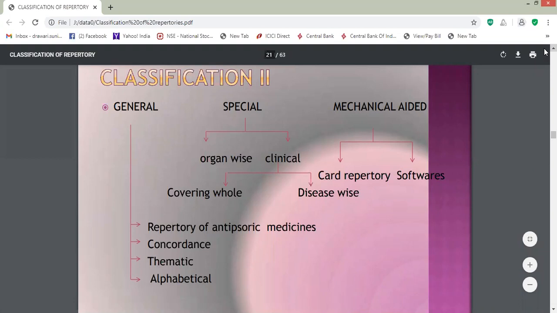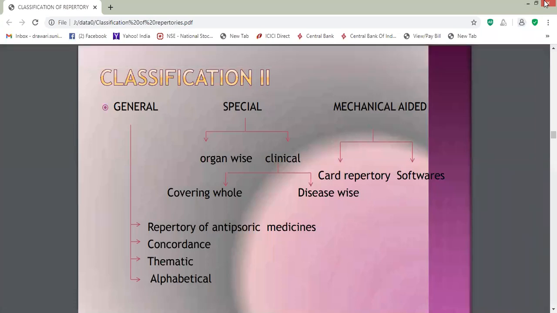In clinical repertories, there are the repertories covering the whole and the repertories disease-wise. Then mechanically aided repertories, card repertory and software. So in this way, this is the second type of classification of repertories which we will discuss in the next lecture.